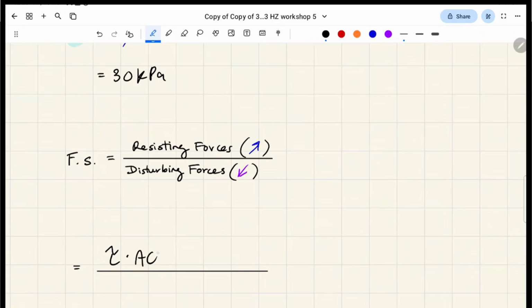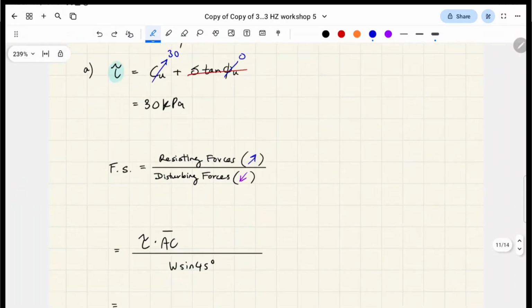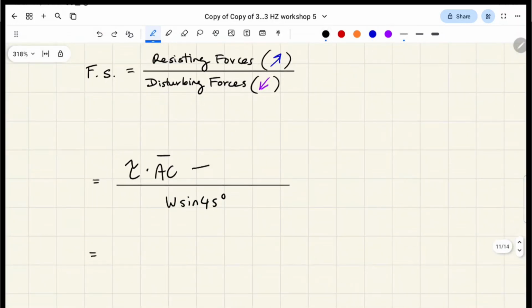This multiplied by AC over W sine 45, because W, the weight force, is going to be our disturbing force. Then we have the soil's resisting shear as one of our resisting forces, but we also now have this diagonal component of the hydrostatic water pressure, which is helping to keep the soil in place, right? So we have to add on that and account for that, right?